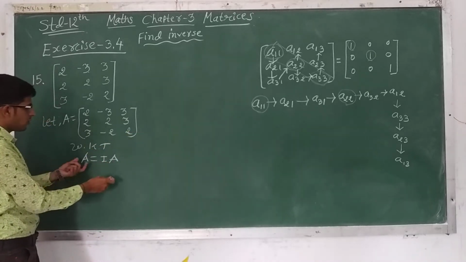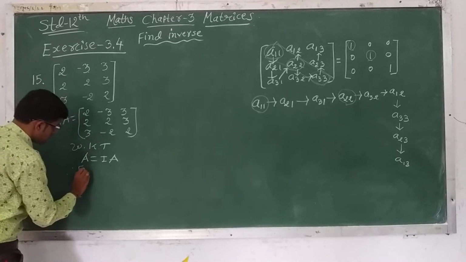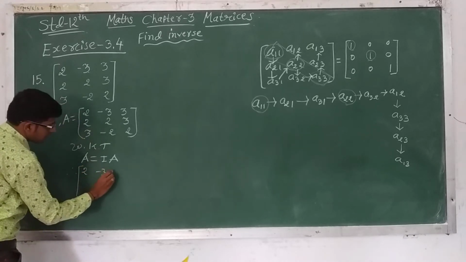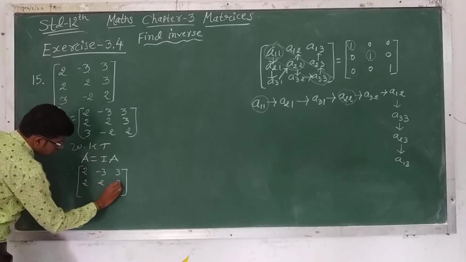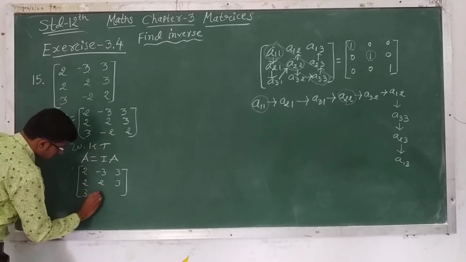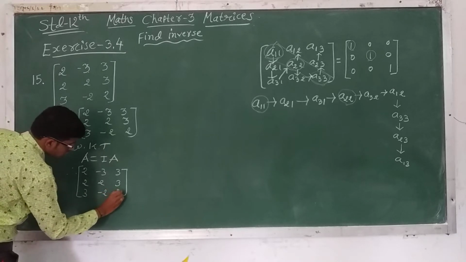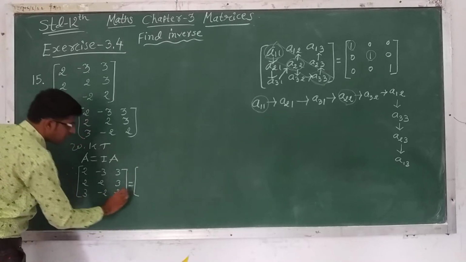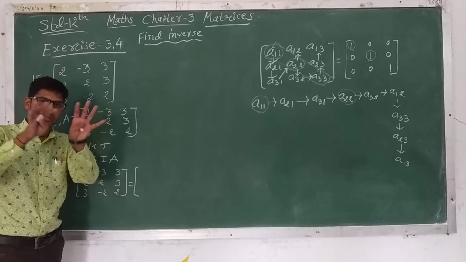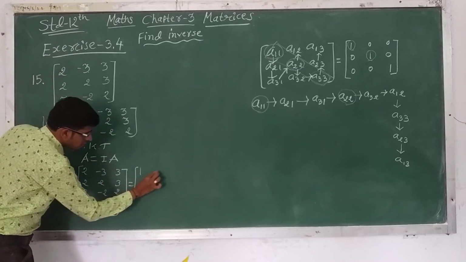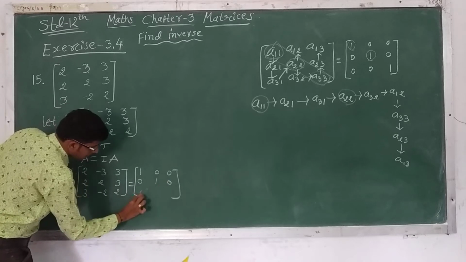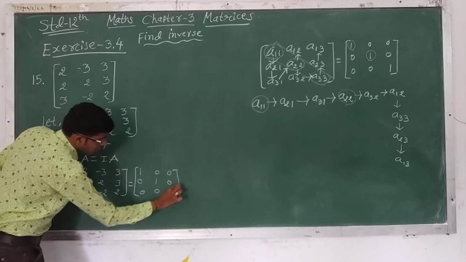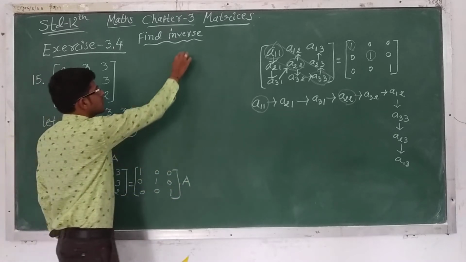Now we put in the value of A, and write the identity matrix of order 3 by 3: 1, 0, 0; 0, 1, 0; 0, 0, 1, times A as it is.